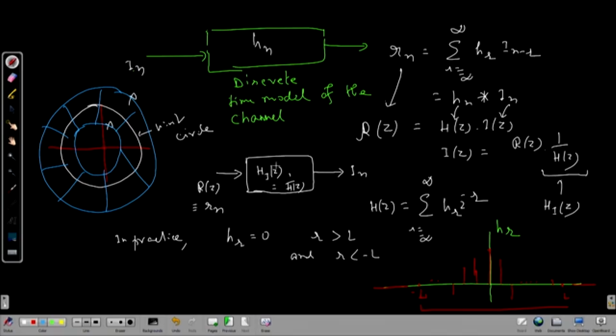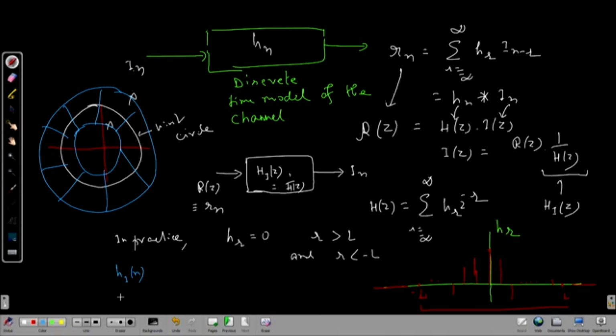So, suppose we try to construct this HIZ, and assume for a moment that HZ is known to us. So, HIZ, which has various possibilities, we try to construct this stable but non-causal one. Okay. Now, if it is stable, then what happens? If HIZ has impulse response Hin, which is stable but non-causal.